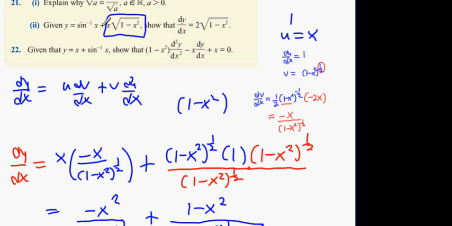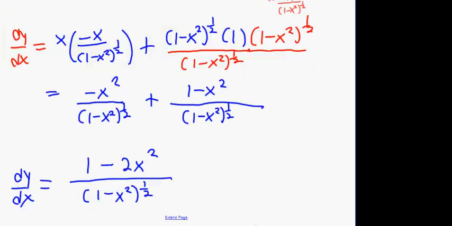I now have to differentiate sine inverse x. Okay? Now sine inverse x is going to be 1 over the square root of a squared minus x squared. Is everybody happy with that? Where did you get that? The tables.